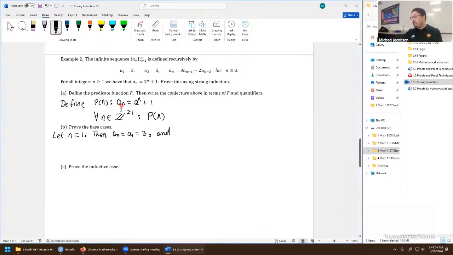And that was the left-hand side, so we verify the right-hand side. 2 to the power n plus 1 becomes 2 to the power 1 plus 1. That's definitely 3. We've matched 3 on both sides. So this implies the predicate evaluated at 1 returns true, meaning the formula holds when n is 1.